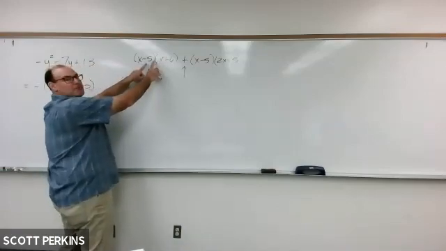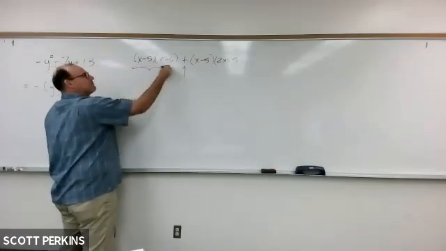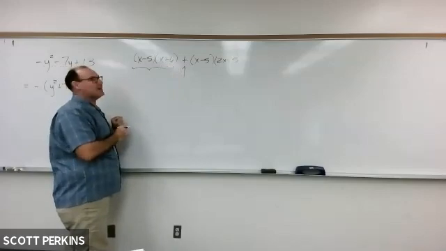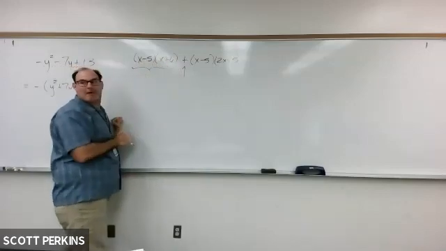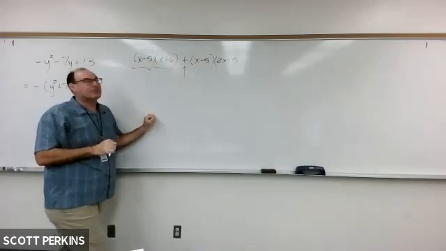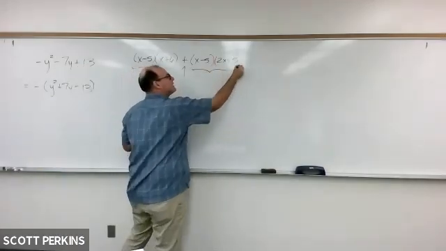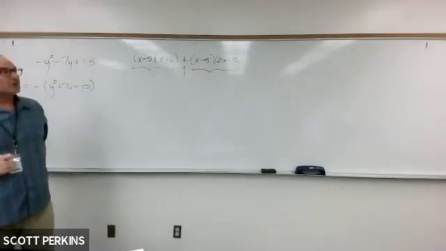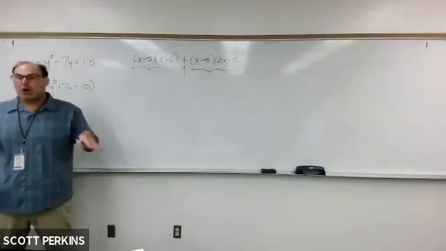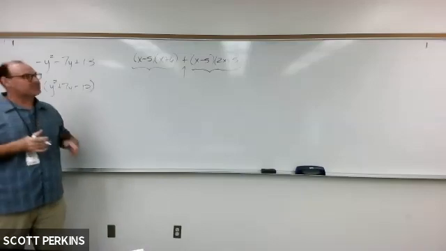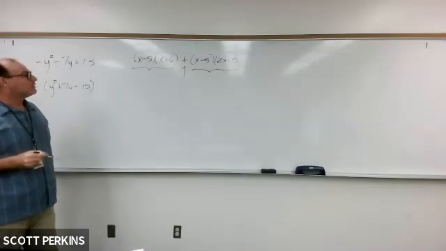These two things are being multiplied together, so that is my first term. Even though each term is a binomial, it's okay, it's still a term. And then these two things are being multiplied together, so these two things form a term. So we're still doing the same thing we were. It just looks a little grosser.